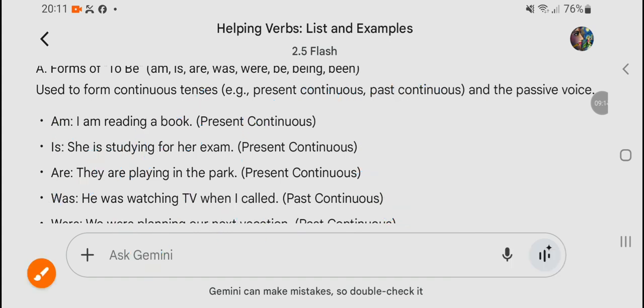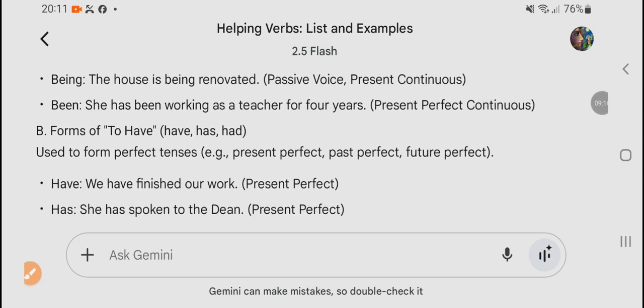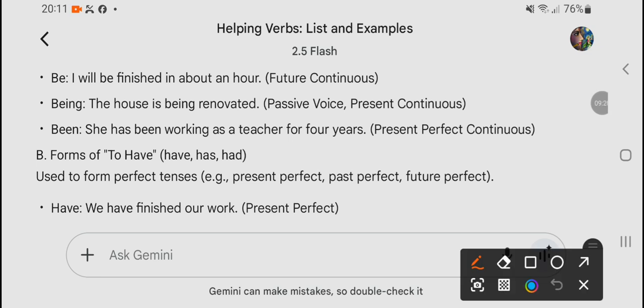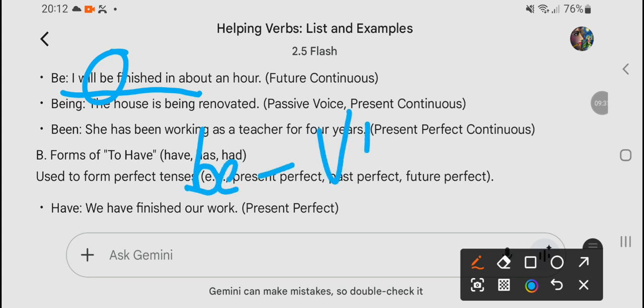So that is passive voice, right? And these are the examples. Being, be is: I shall be finished in about an hour. Be is always followed by third form of main verb.